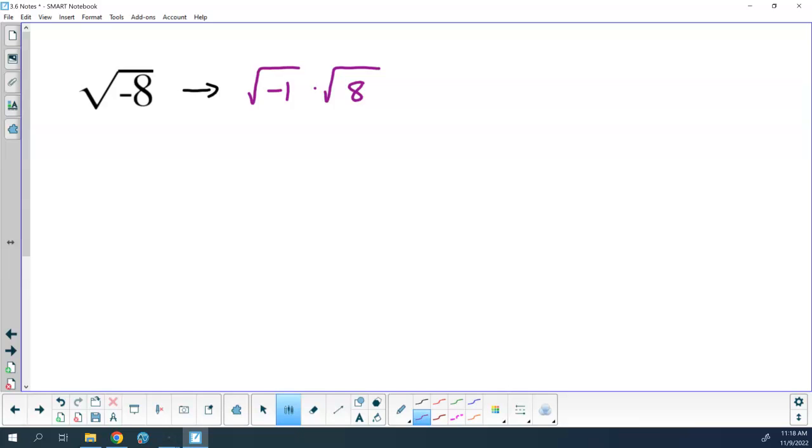Now this is where we get a little quicker. 256 for 16. 17 is 289. 18 is 324. 19 is 361. 20 is 400.